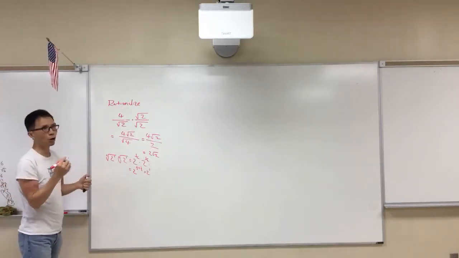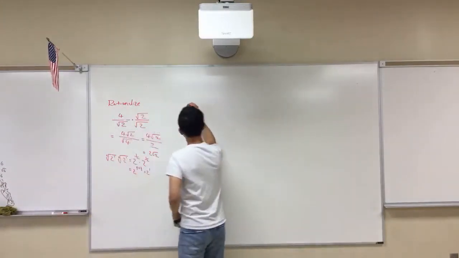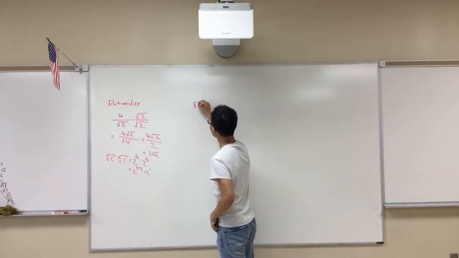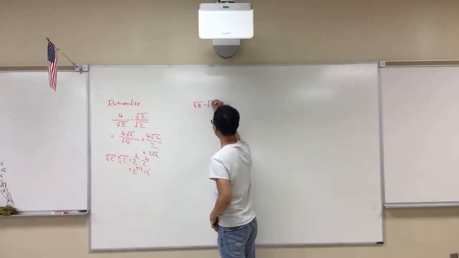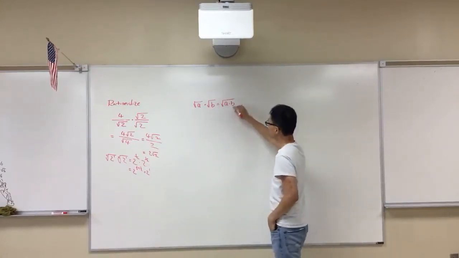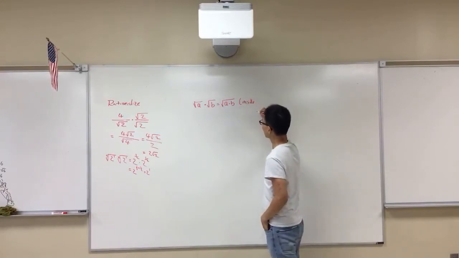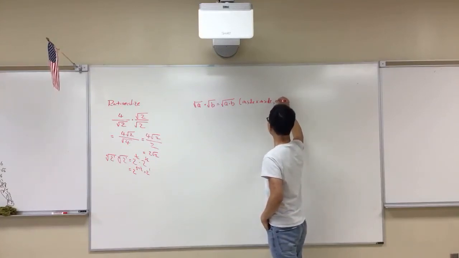Also, another thing: when you multiply radicals, I want you to make sure of something. Square root of A times square root of B is equal to square root of A times B. But what's more important is inside of a radical multiplied by inside, and outside by outside.